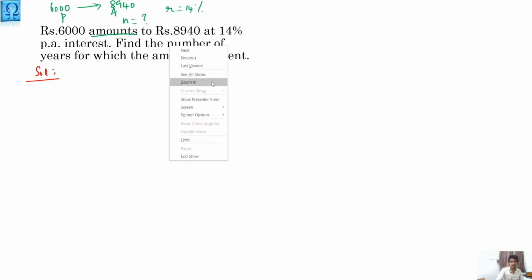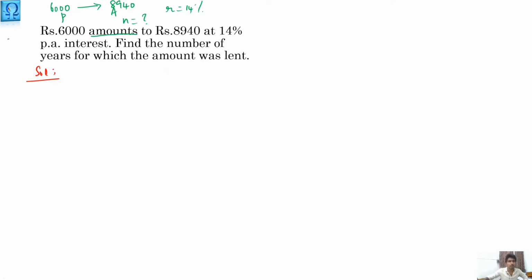Now let us do the problem. It may be done in two ways, right? You know that A is principal plus interest. So if you want the interest, A minus P gives you the interest. And you know I is PNR upon 100. You know the value of P and R, and once you calculate the I value from this, you may substitute here.